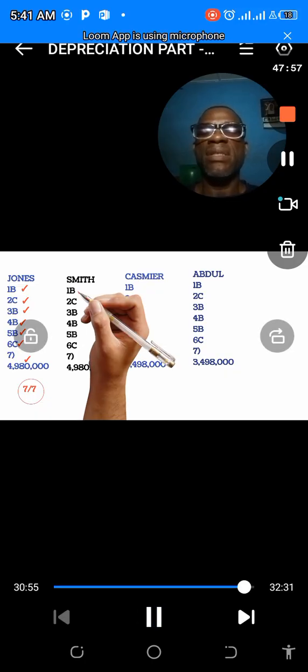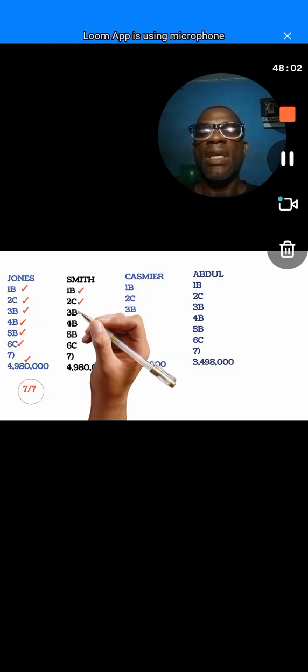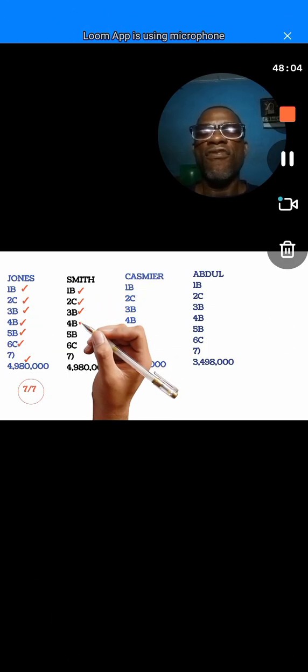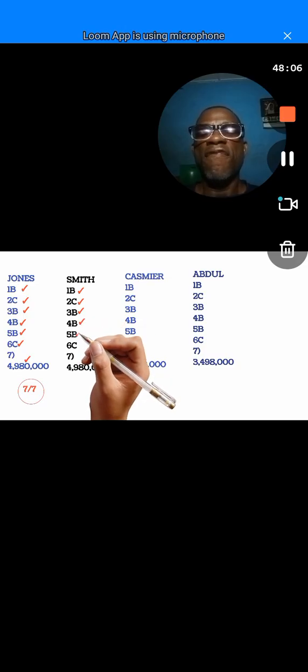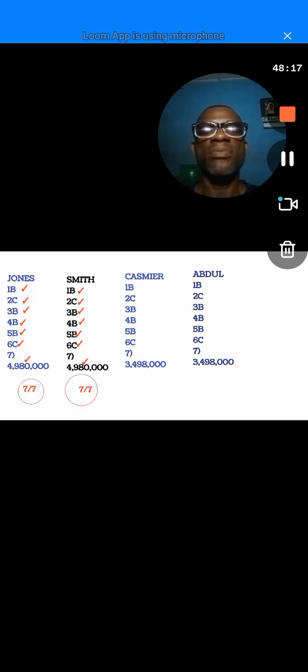Now Smith: 1B, 2C, 3B, 4B, 5B, 6C, 7, the figure is there. That is quite impressive also. That is good, 7 over 7.